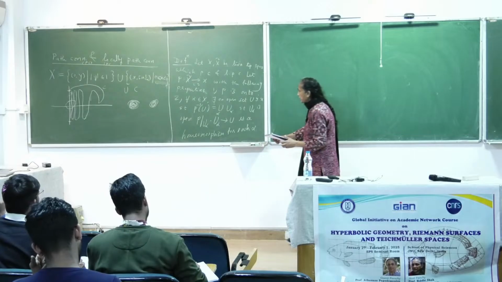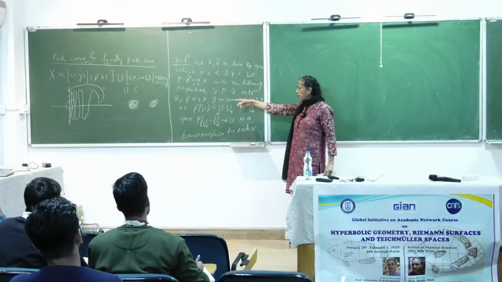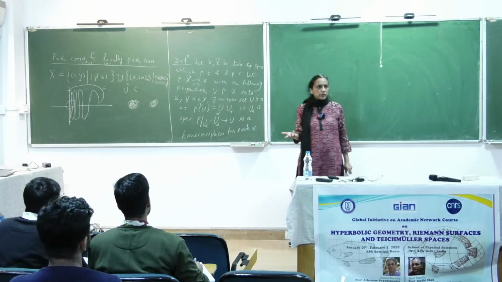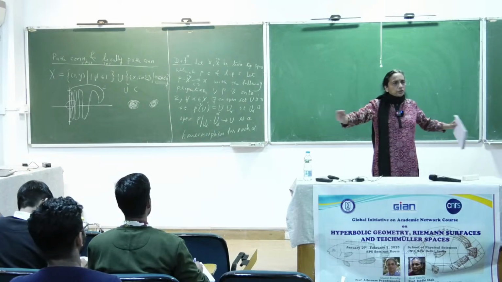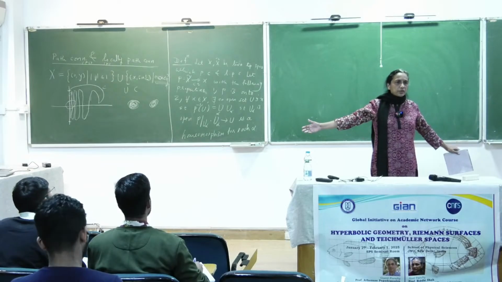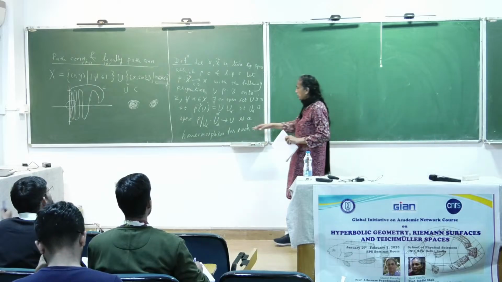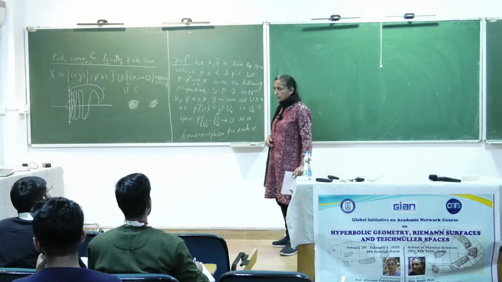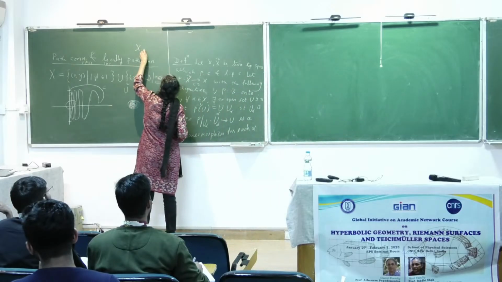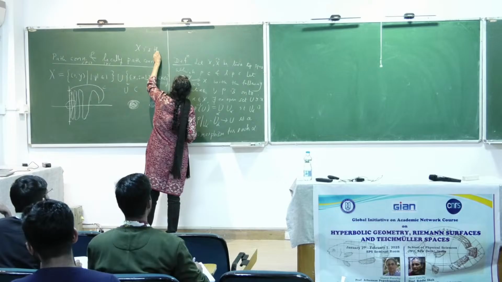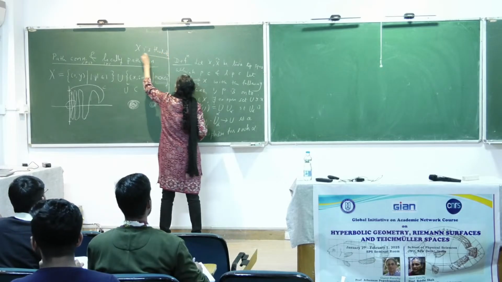So try to understand the definition. For every x in X, there is an open set U such that P inverse of U is a disjoint union of open sets, each of which is homeomorphic to U under the map P. Oh yeah, sorry, I should also say X is Hausdorff. Hausdorff is always assumed for all surfaces.